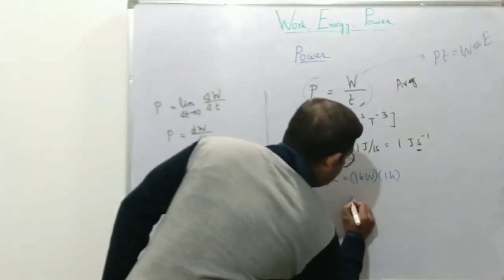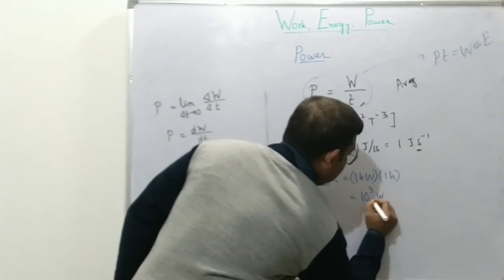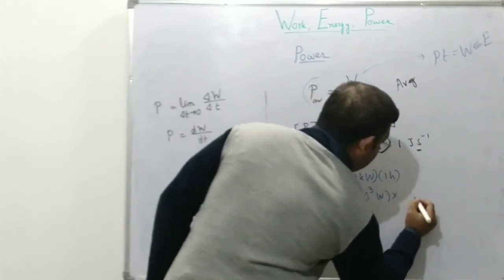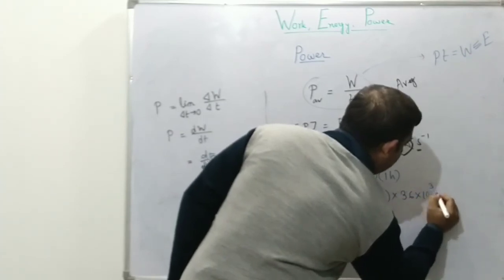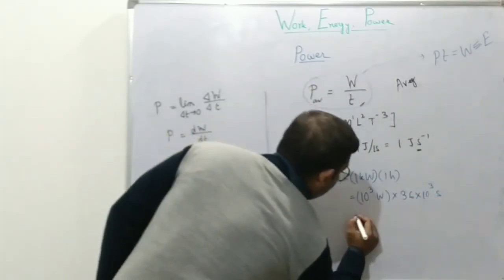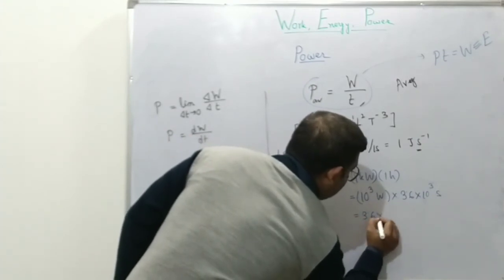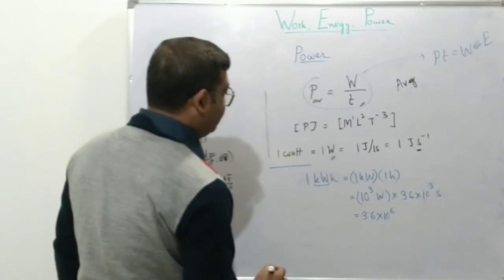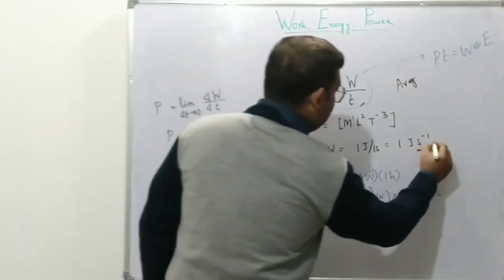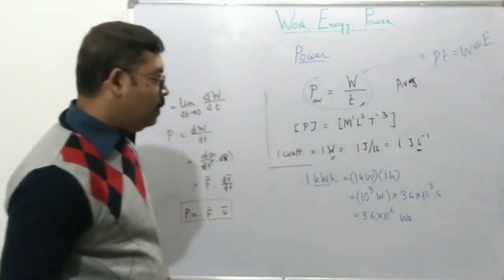We can simply say this is 10 cube watt multiplied by 3600, or 3.6 into 10 cube seconds, which is equal to 3.6 into 10 to the power 6 watt second.